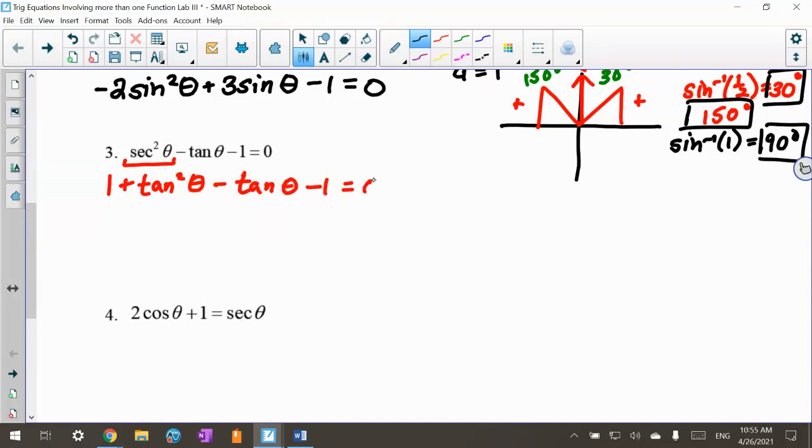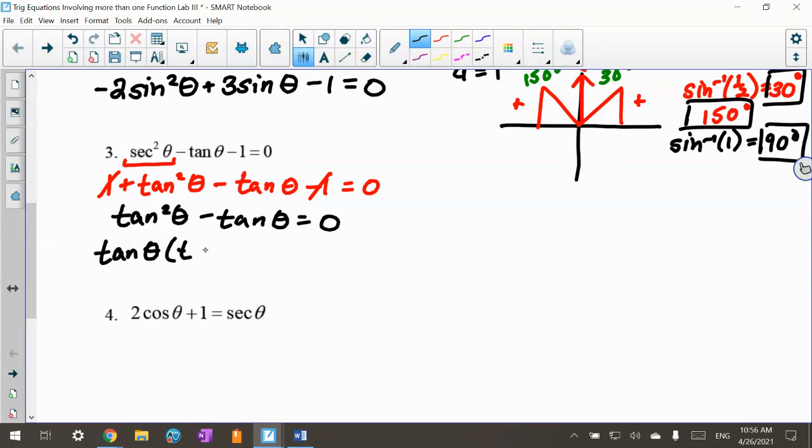minus 1 equals 0. Now I'm going to put this in order, and the cool thing about this one is 1 minus 1 is 0, so I really have tangent squared theta minus tan theta equals 0. Now when it gets like this, I actually factor, because you could do the quadratic formula, but this is so much easier to factor. So I'm going to factor out a tan theta.